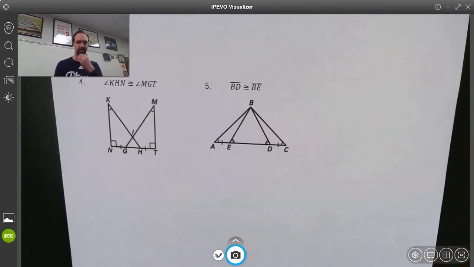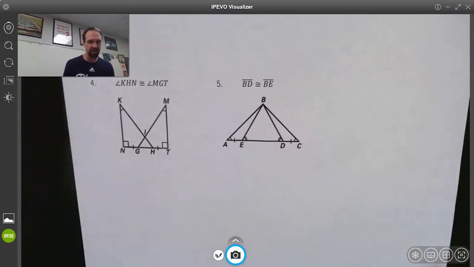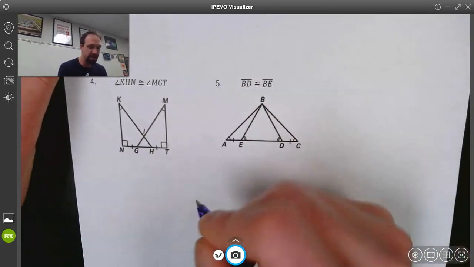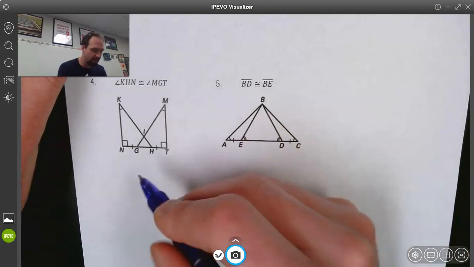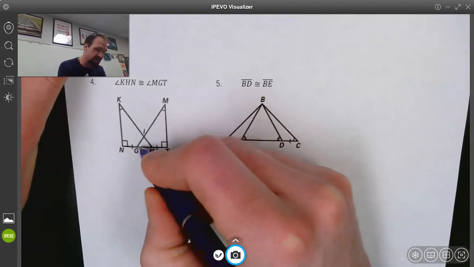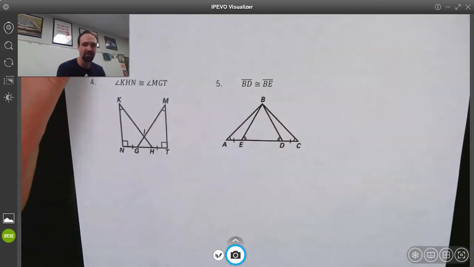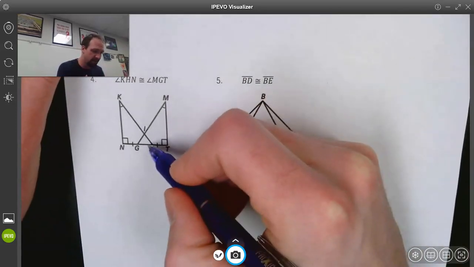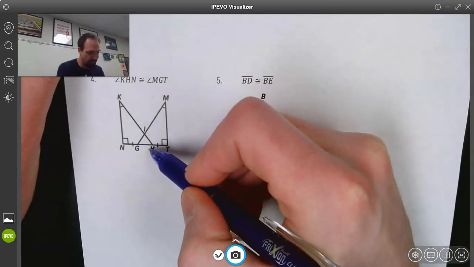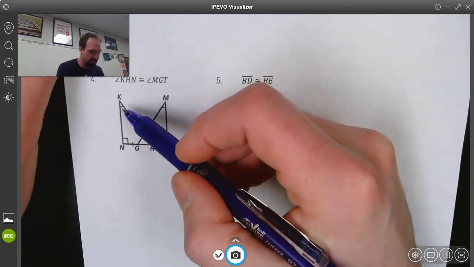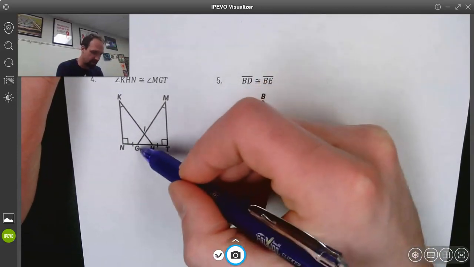Now for these last two. This one is a little bit tricky because we actually have this overlapping part right here. Because of this overlapping part, GH is the same as HG. So with the triangles, this side here is the same as this side here.